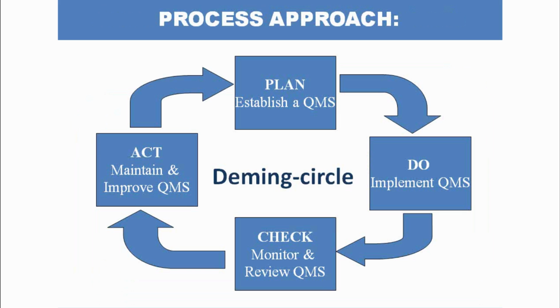All those questions have to be answered, and then a quality management system must be established, your quality policy, your quality manual, and then you implement. The implementation phase is another phase that must be monitored and reviewed. As you implement your quality management system, you monitor and review it, and then you maintain and improve on it. This process is the same as the laboratory management system because they go hand in hand.